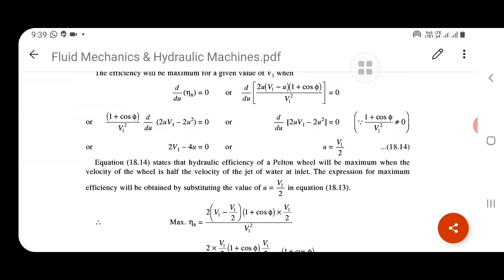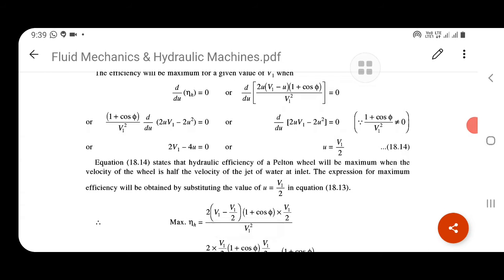we differentiate with respect to u and apply the product rule. 1 plus cos phi upon V1 is a constant.